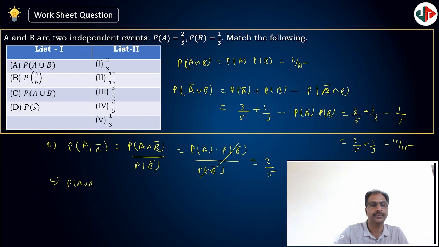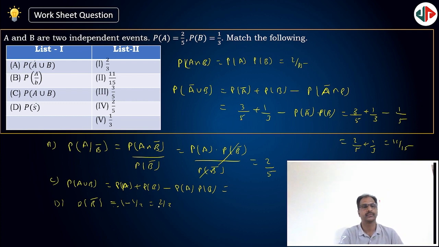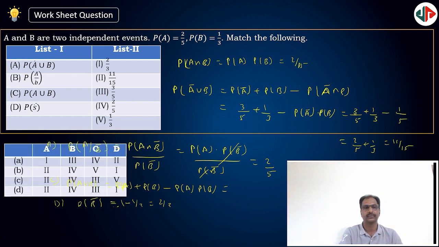P of A union B is P of A plus P of B minus P of A intersection B, which can be written as P of A into P of B. Substitute all the corresponding values. And the last one is P of B bar. It is not P of S bar, which is 1 minus P of B. So 1 minus 1 by 3, 2 by 3, option B.